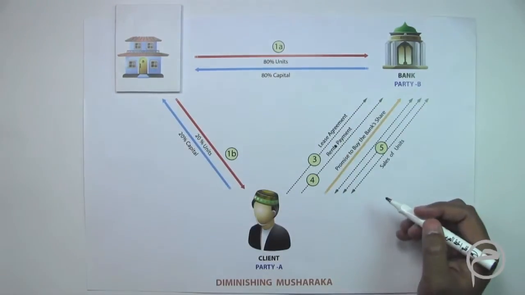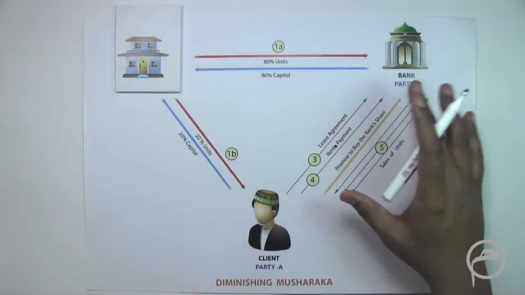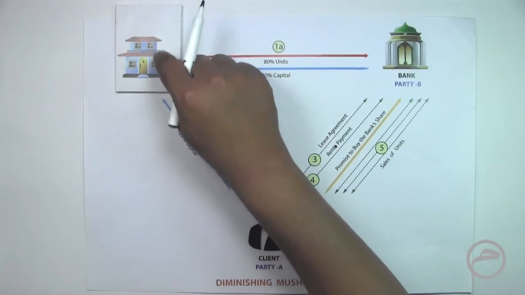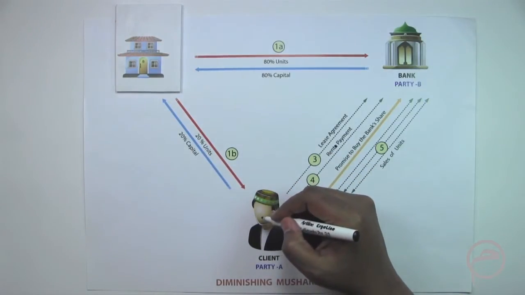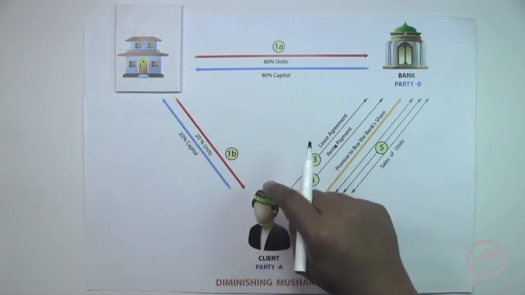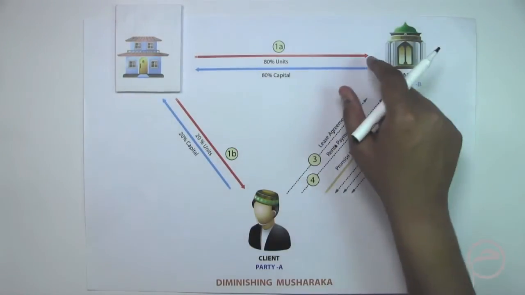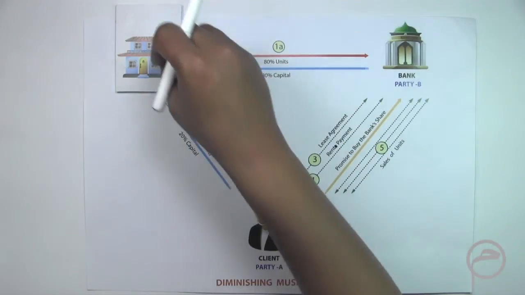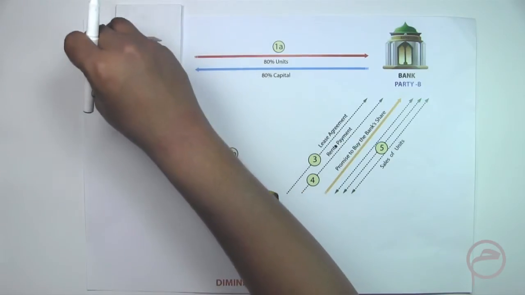Let us take this example. Just for the ease of understanding, let us consider that the value of the house is $100. The $20 is paid as down payment by the customer to the bank, and $80 is what the bank puts as the balance amount, and with the $100 the bank purchases this house from a seller.